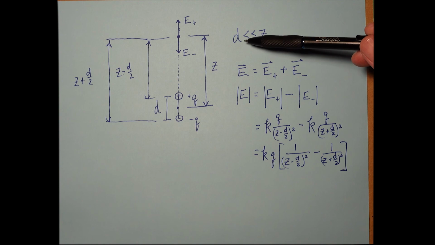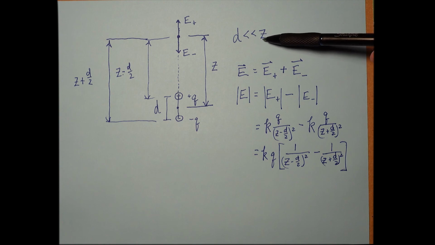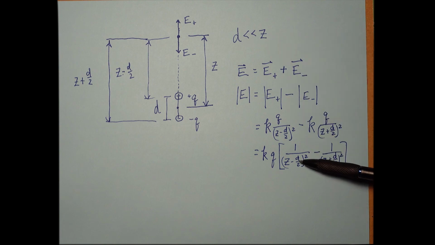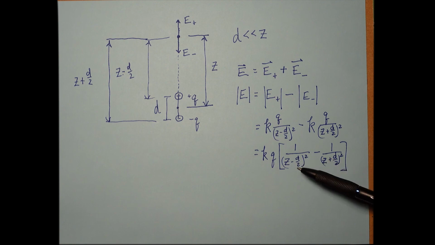Since we made the assumption that D is much, much smaller than Z, then what that means is that, since Z is large compared to D, and I'm dividing D by 2, then Z minus that very small number and Z plus that very small number are almost identical. So these denominators on the bottom here are going to be almost exactly the same.